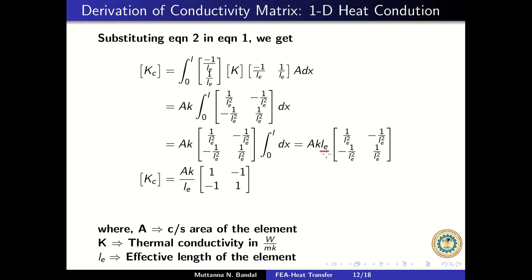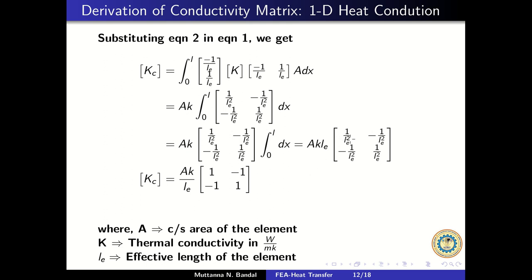So I am writing that. This is replaced by LE. AK I am writing as it is, and these terms I am writing as it is. Now there is one LE term here and one L square term here.